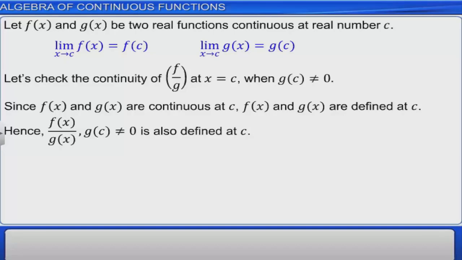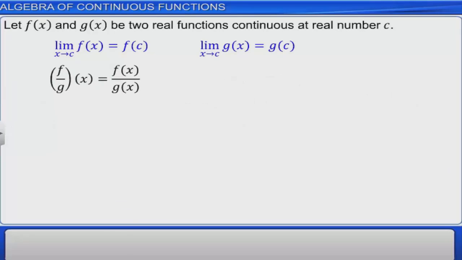Hence, the quotient of the functions f of x and g of x is also defined at c, provided g of c is not equal to 0. Now, by definition, (f divided by g) of x can also be written as f of x divided by g of x.